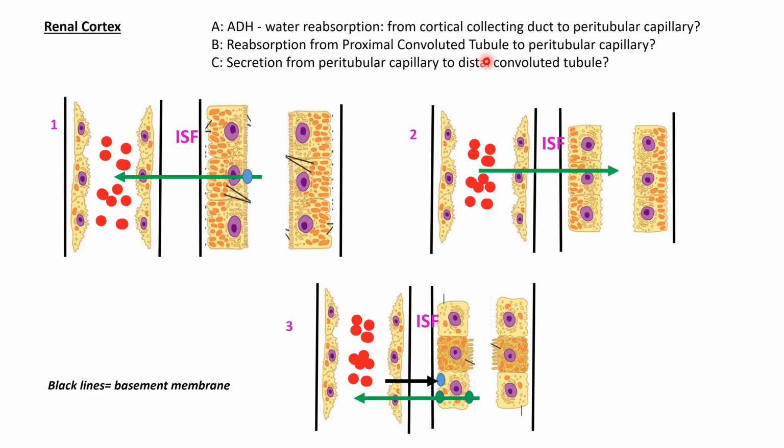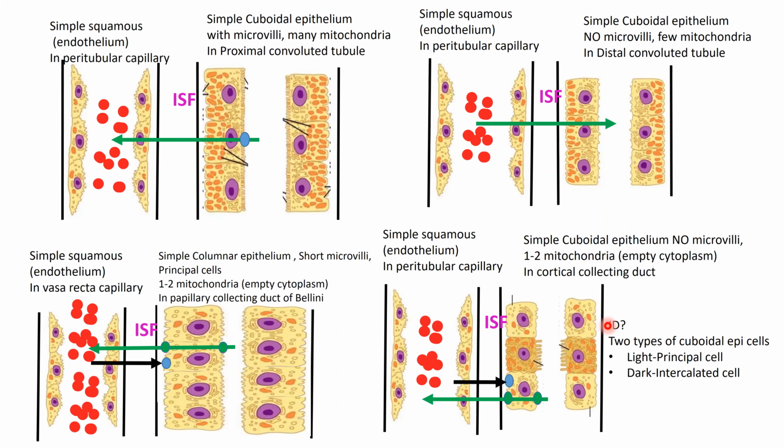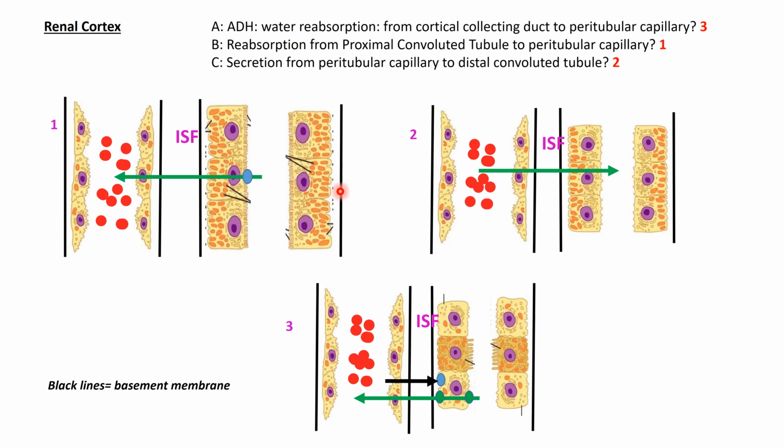Okay, so now here are the big questions for you, and the answers are written on the next page. The ADH water reabsorption is going to be here. We already did this in the other lecture.